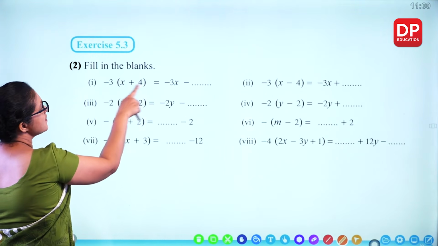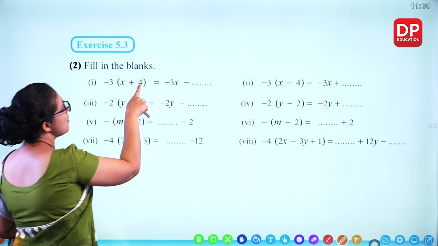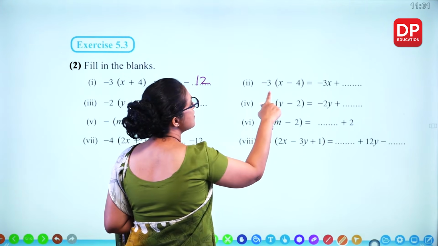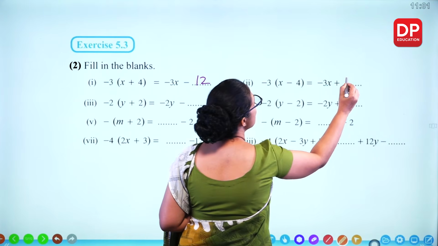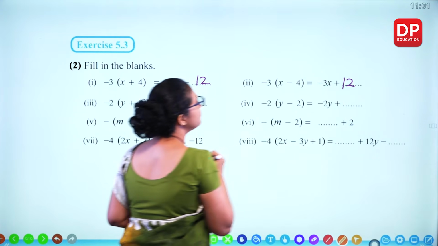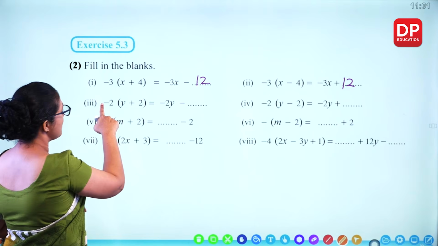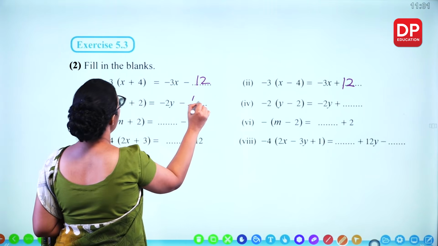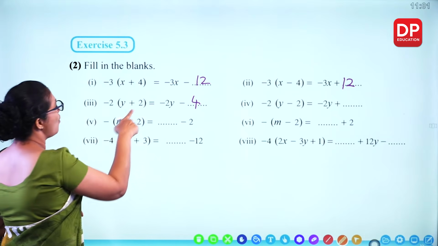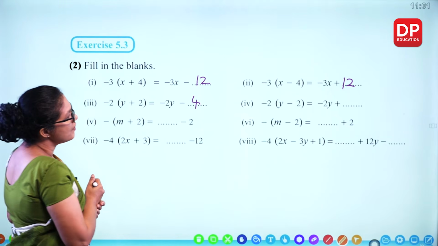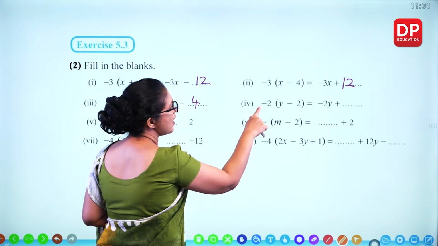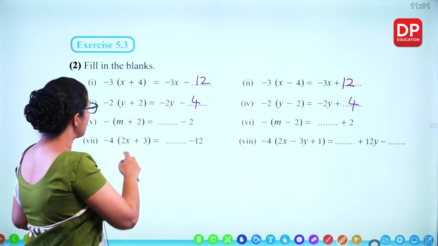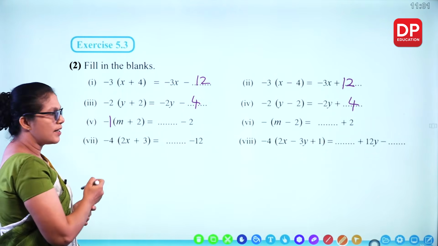First one done, minus 3x. And here minus 3 times 4, minus 12. Minus 3x is there. Minus into minus plus 12. Here minus 2y is there. Minus 2 times 2, minus 4. And this one, minus 2y is there. Minus into minus plus 4. Here nothing means just like 1.